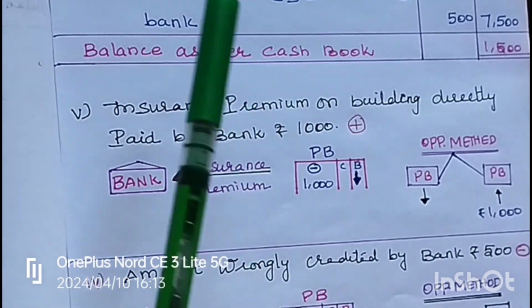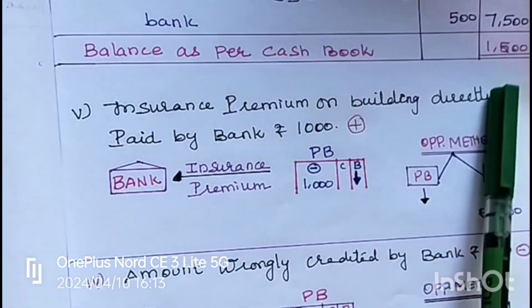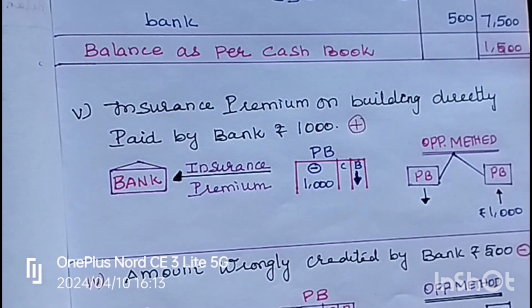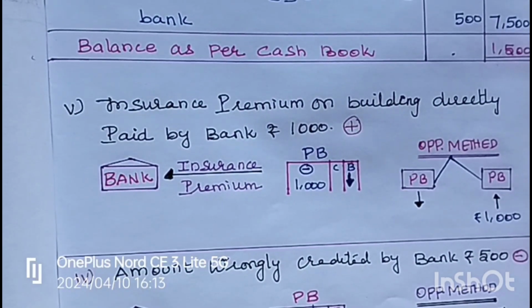The next transaction is insurance premium on building directly paid by the bank, rupees 1,000. Sometimes the bank may be instructed to make payments such as insurance premium, installment of loan, etc., as an agent of the customer on behalf of its customer.